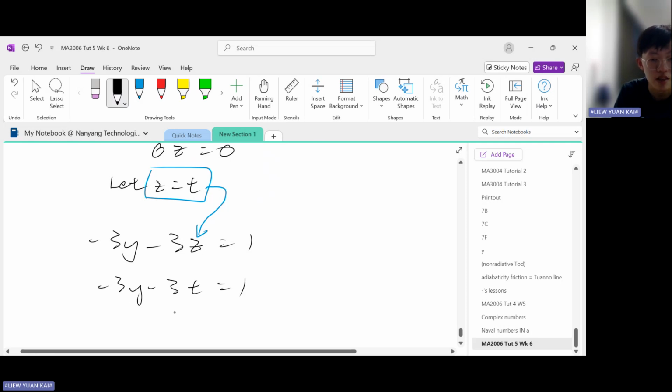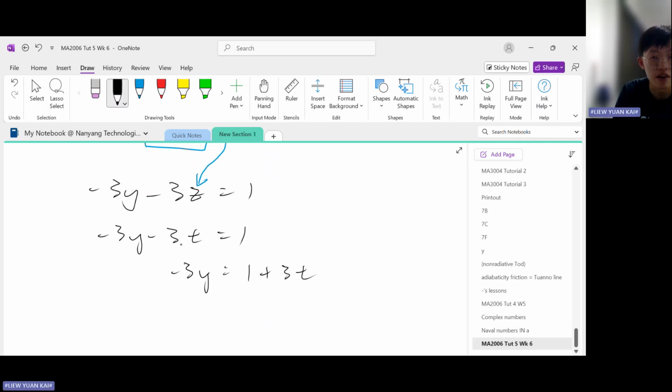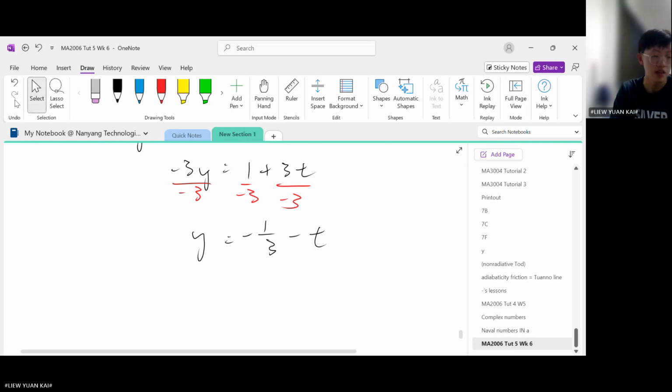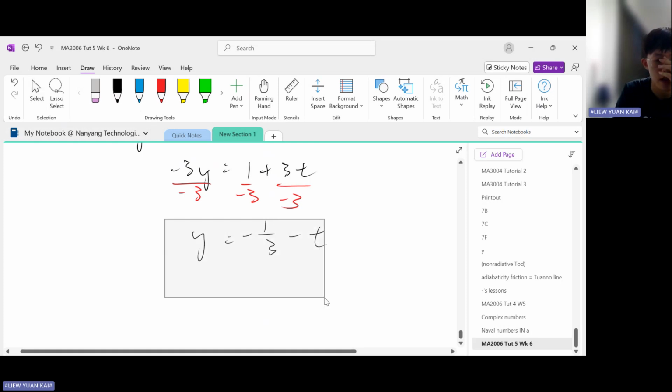And now make y the subject. So minus 3y is equal to, then you divide both sides by minus 3. Divide this by minus 3, divide this by minus 3, divide this by minus 3. Okay, so now this is your solution for y.